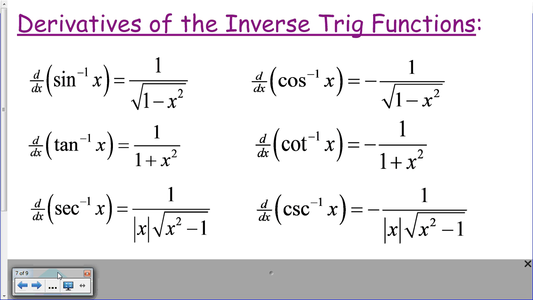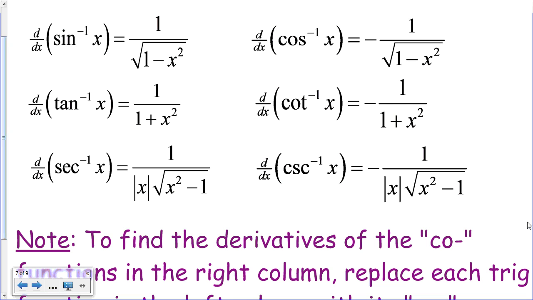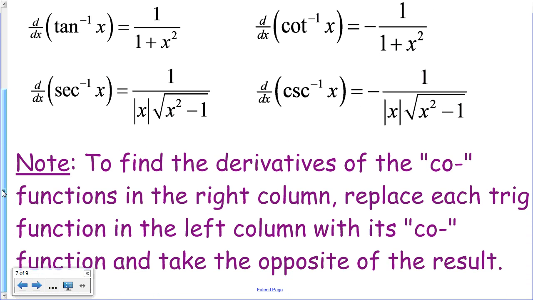So once I know half of these, I actually know the other half. In fact, I can follow that same property that we talked about with the derivatives of our trig functions. To find the derivatives of your co-inverse functions in the right column, replace each of the inverse trig functions in the left column with its co-function and take the opposite of the result.